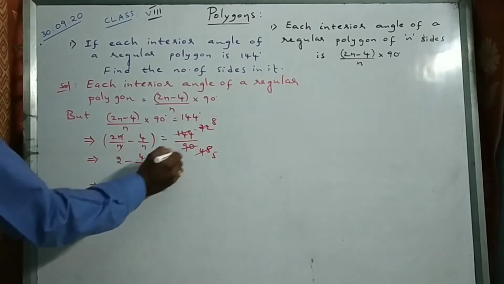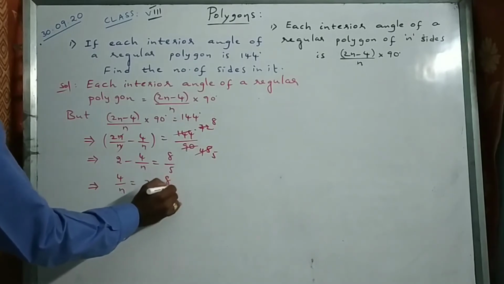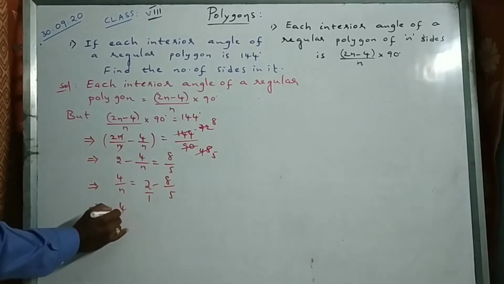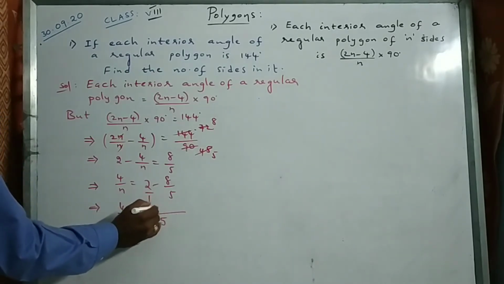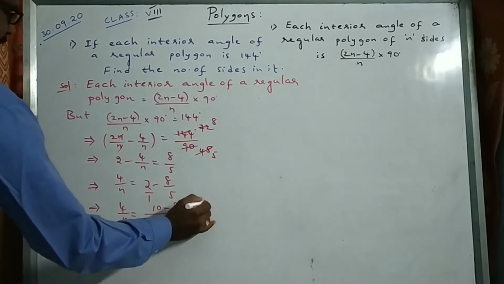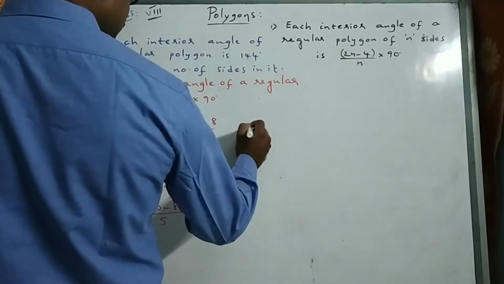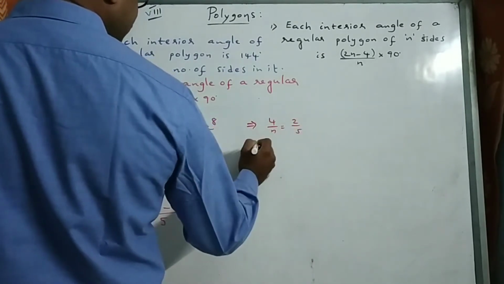So 4 by n, shift this side: 2 minus 8 by 5. 8 by 5 shift this side. So 4 by n equal to, LCM 5, 10 minus 8, which means 2 by 5.